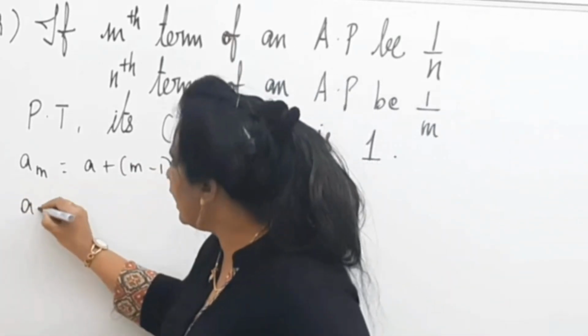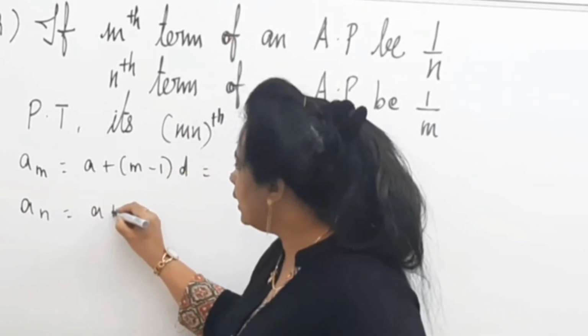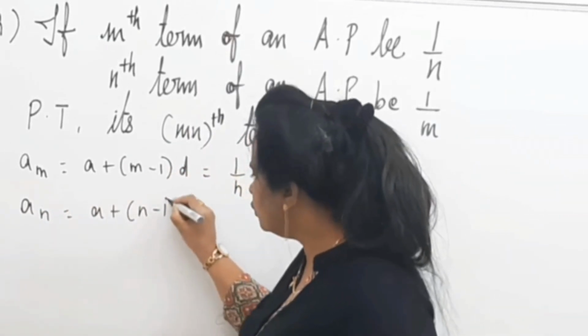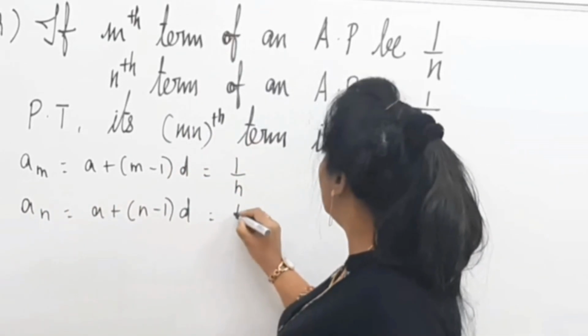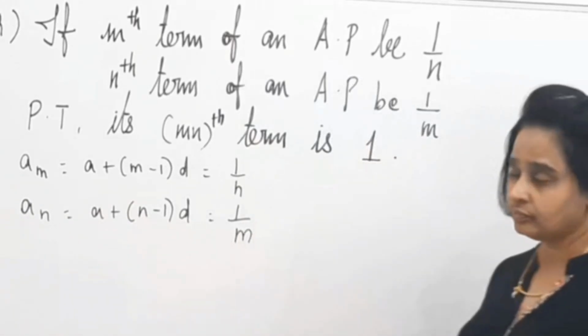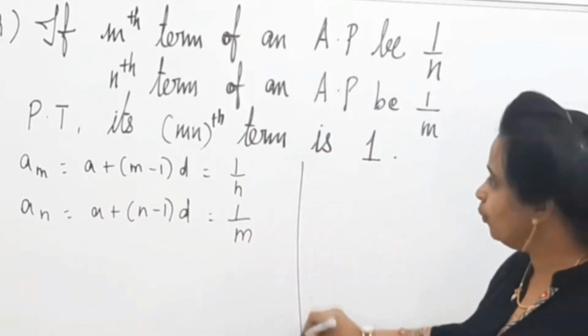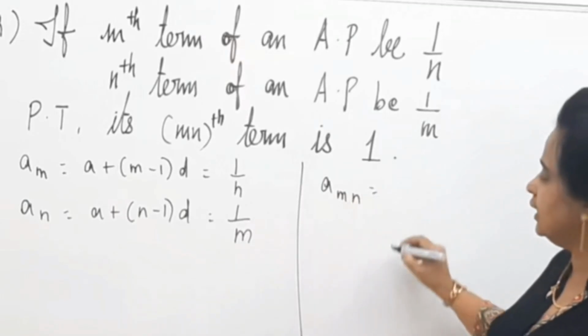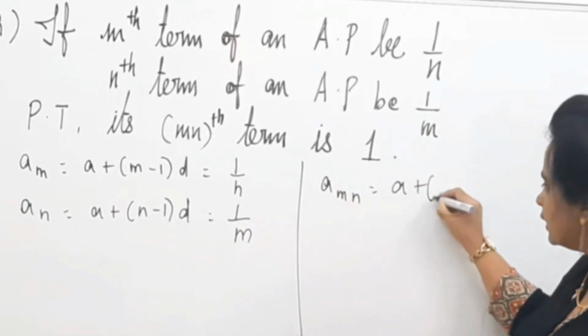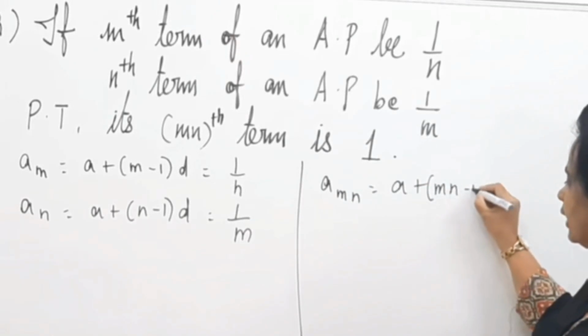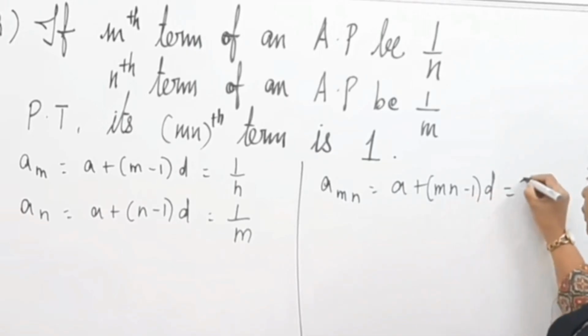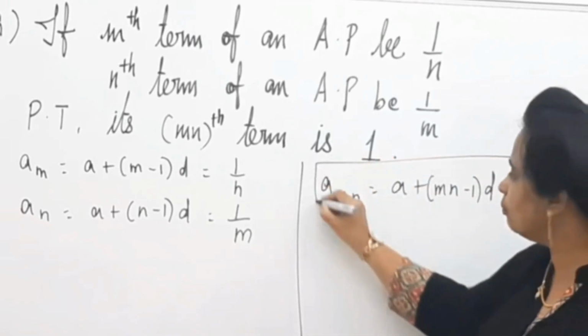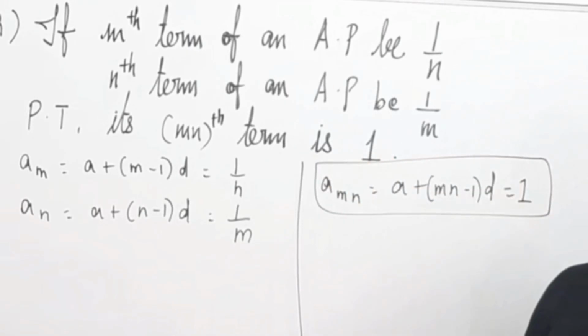And an is a plus n minus 1 into d, which is equal to 1 by m. I have to prove the mnth term, that is amn, is equal to a plus mn minus 1 into d. I have to prove that's equal to 1.